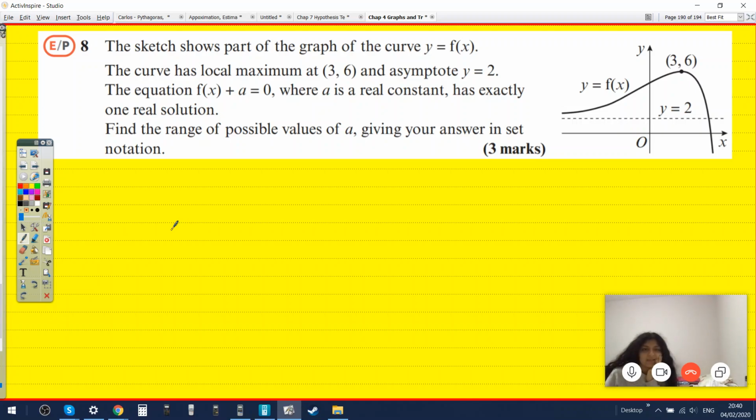So try it now. Solution is another word for root.